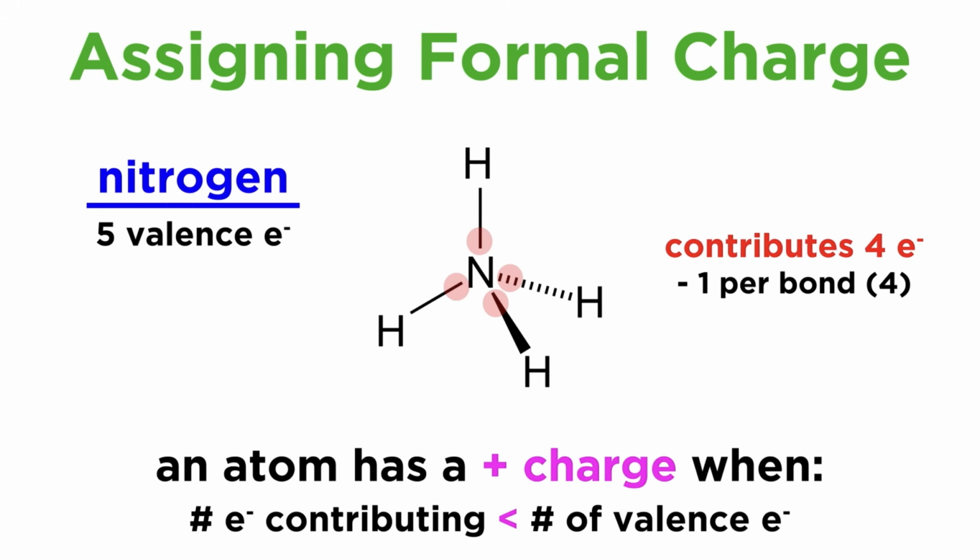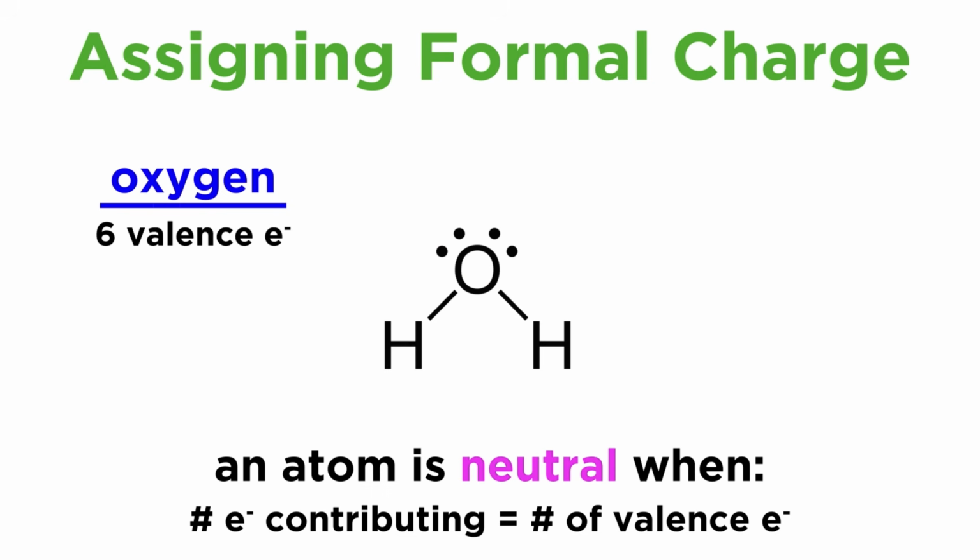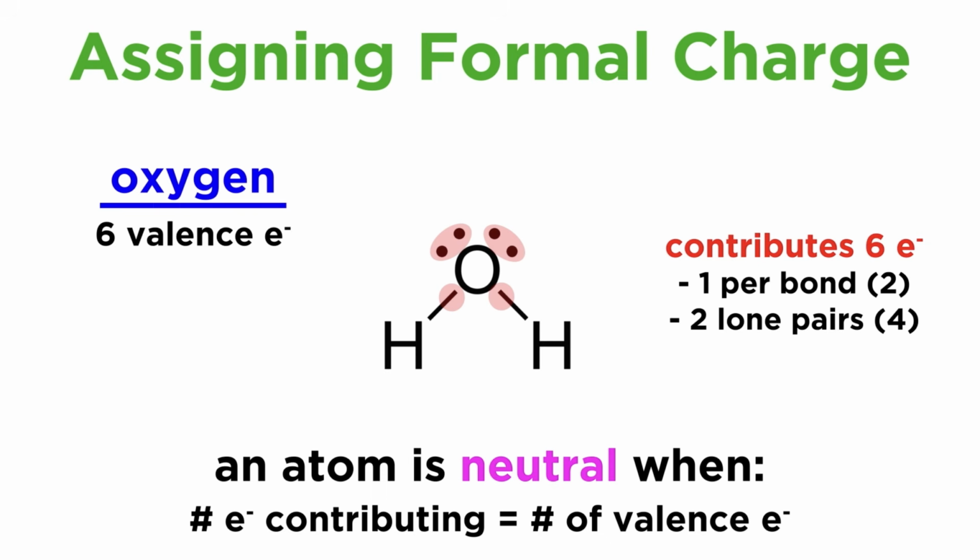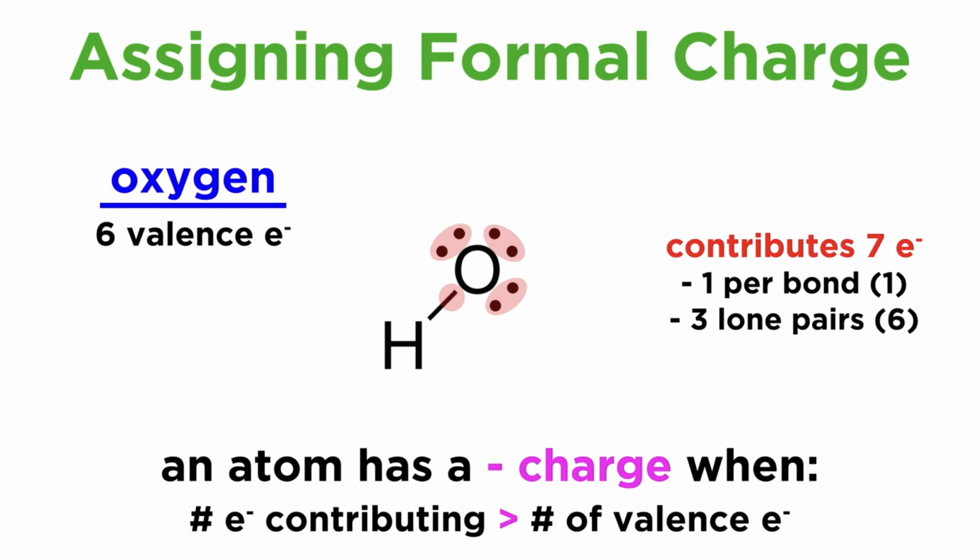If instead it makes 4 bonds, it contributes only 4 electrons, which is 1 less than its valence, so it has a formal positive charge. Oxygen has 6 valence electrons, so when it makes 2 bonds and has 2 lone pairs, it is neutral. But if it makes only 1 bond and has 3 lone pairs, it contributes 7 electrons, which is 1 more than its valence, so it will have a formal negative charge. This is the easiest way to tell the formal charge of an atom in a molecule.